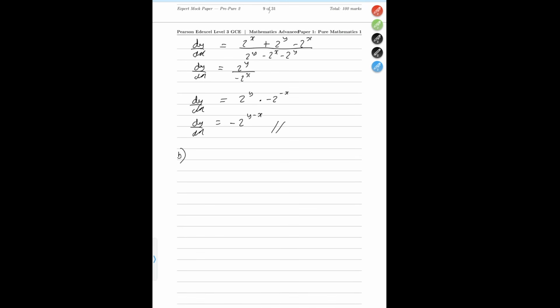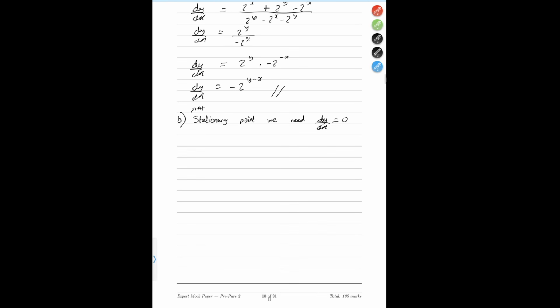If we want a stationary point, stationary point implies we need dy/dx equals 0. So minus 2^(y-x) equal to 0. We'll just divide by minus 1: 2^(y-x) equals 0.